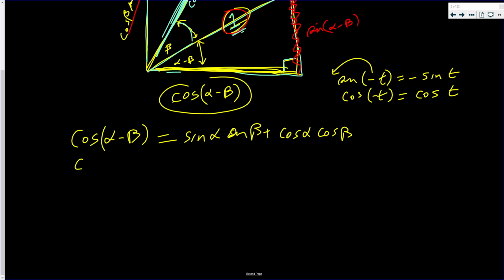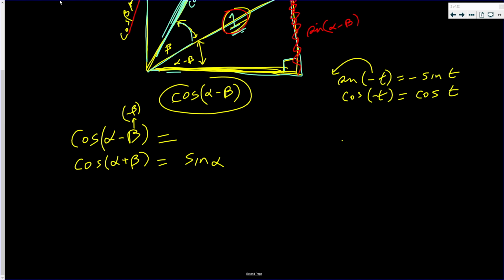Well, this tells me if I let beta become negative beta, then I'm going to have cosine of alpha plus beta. Maybe I should have written cosine first. It's not a big deal. Cosine alpha cosine beta plus, well, maybe it was minus. No, it must be plus. Plus sine alpha times sine beta.